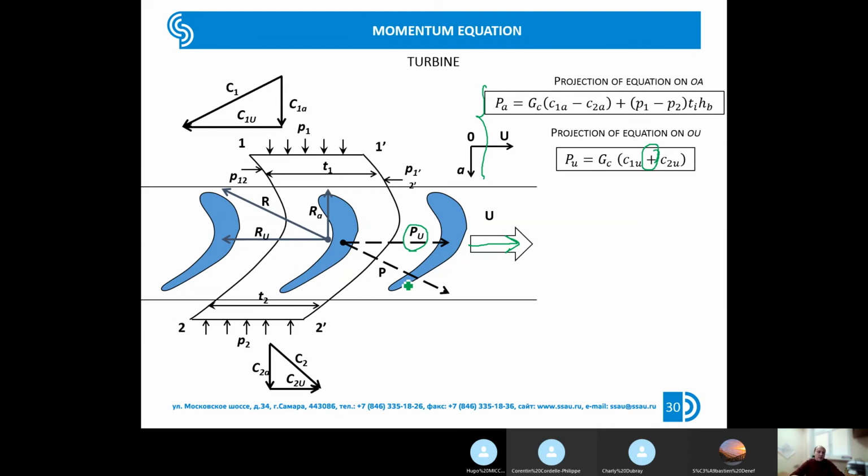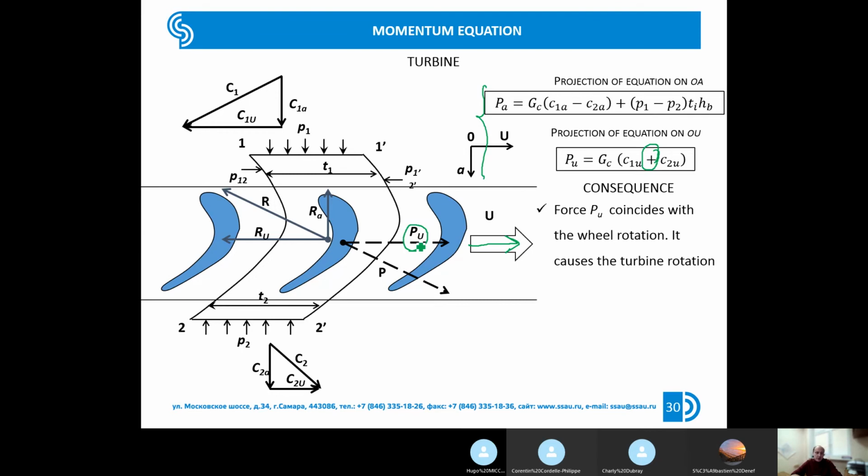That's why we can say that force RU is the force which causes the turbine rotation. So the turbine is rotating because we have force RU, whose direction corresponds to the direction of the rotation. So that's all about the momentum equation.